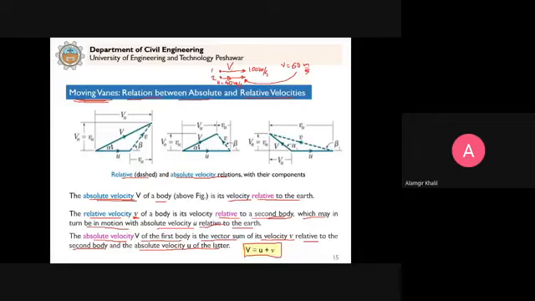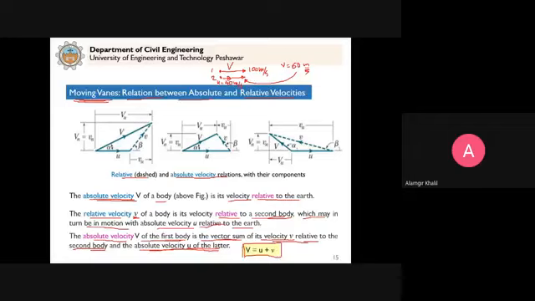First body is moving with a velocity 100 meter per second. Second body is moving with a velocity 40 meter per second. The relative velocity is 60 meter per second. So 40 plus 60, that is 100. So what we can say is that the absolute velocity of the first body is the vector sum of its relative velocity with respect to the second body and the absolute velocity u of the second body.